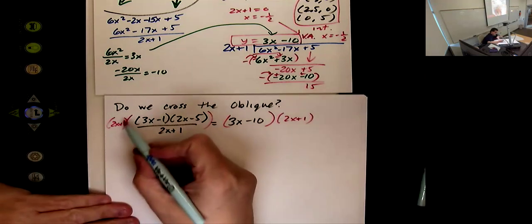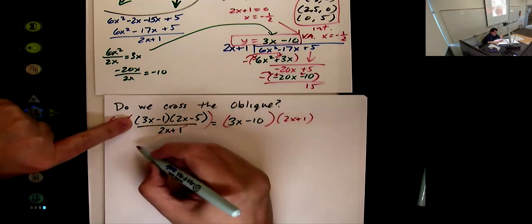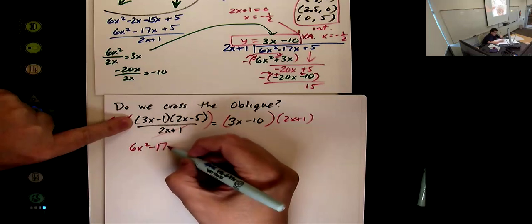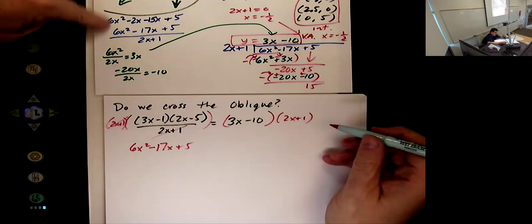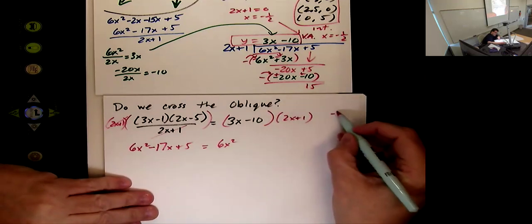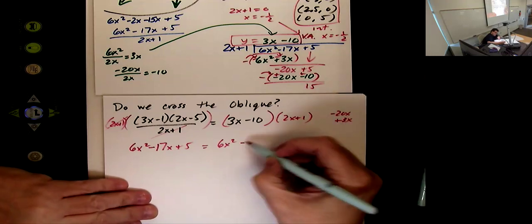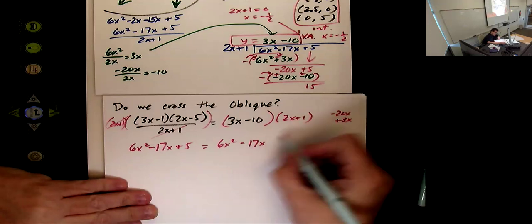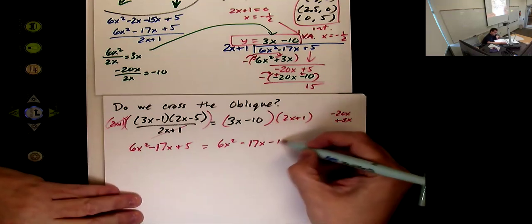On the left side, it cancels out. And if I distribute this, I get 6x squared minus 17x plus 5. We already knew that because we did that earlier up here. Over here, I have 6x squared, minus 20x plus 3x is minus 17x again, and then minus 10.